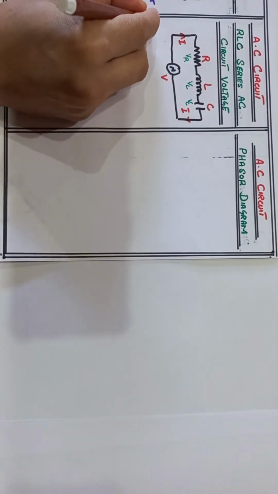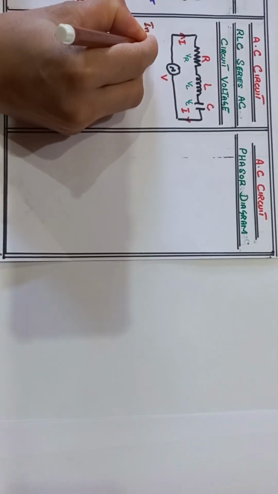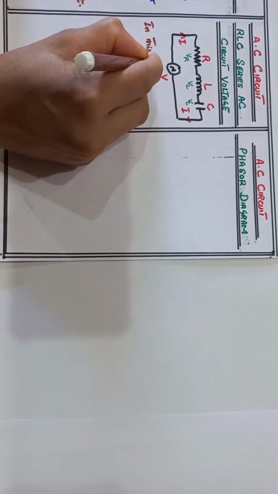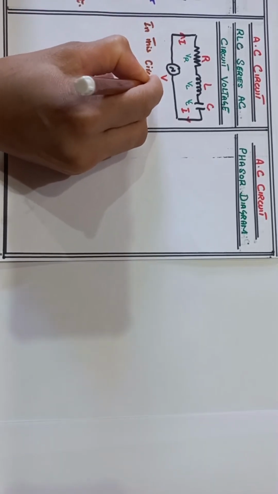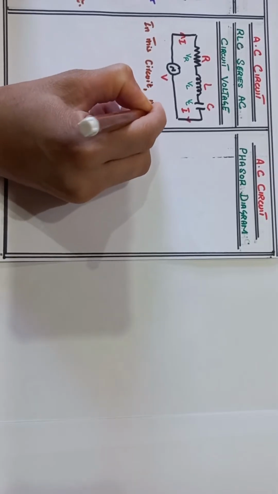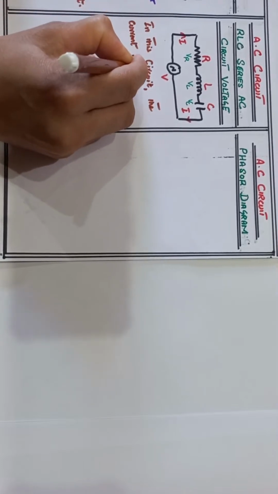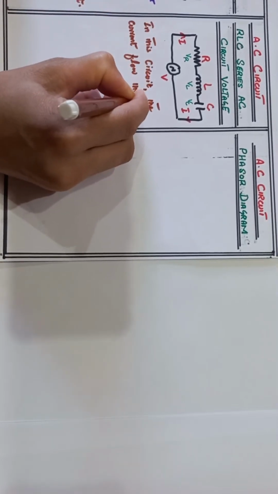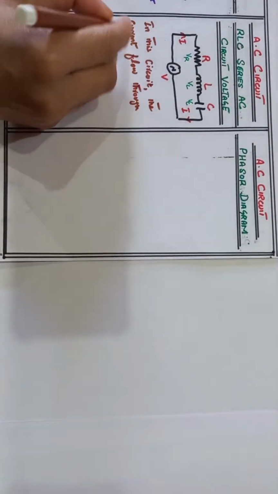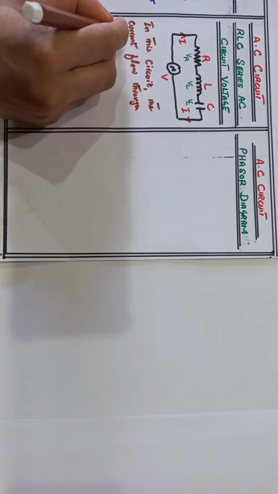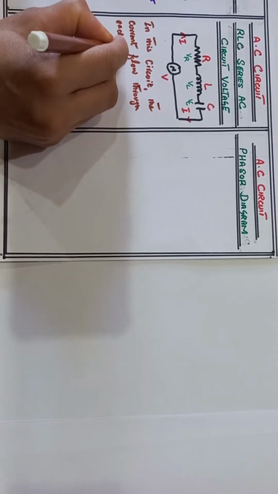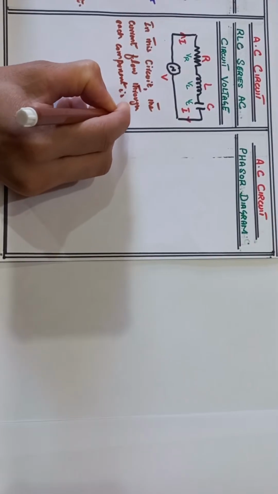So here we write that in this circuit, the current flowing through each component is the same but the voltage is divided.